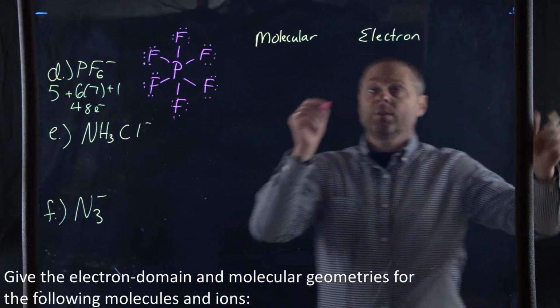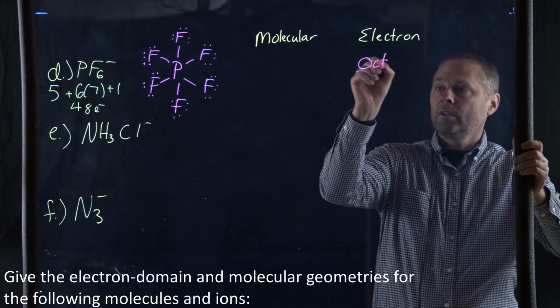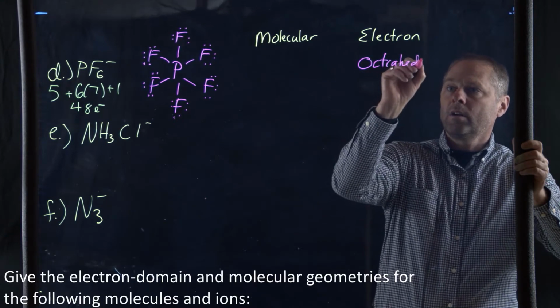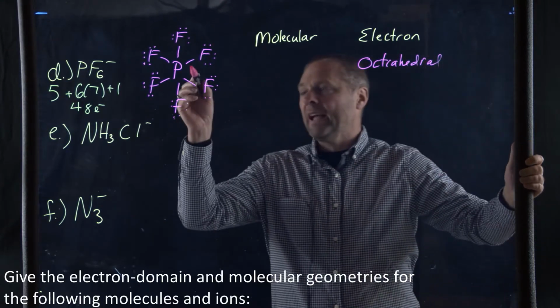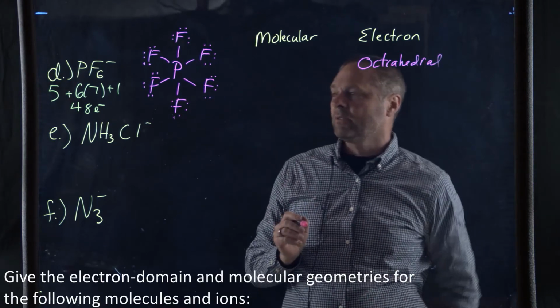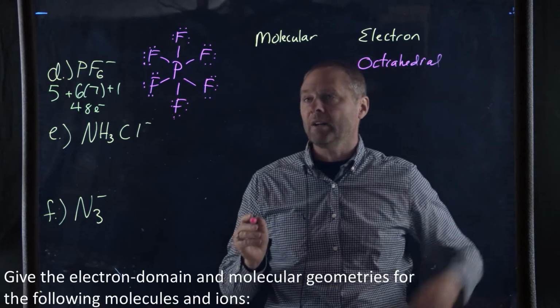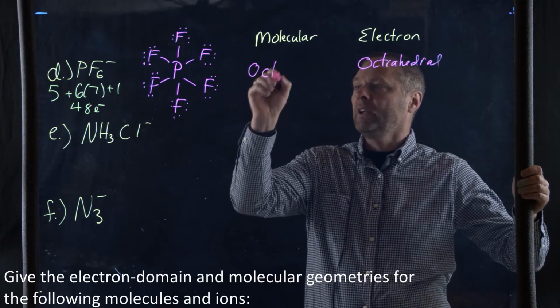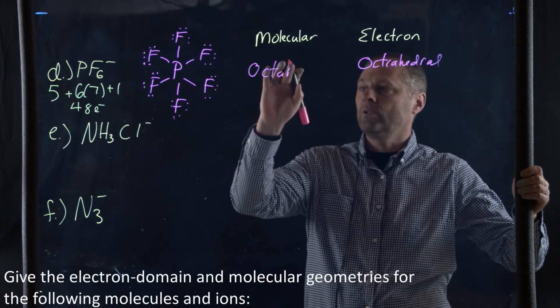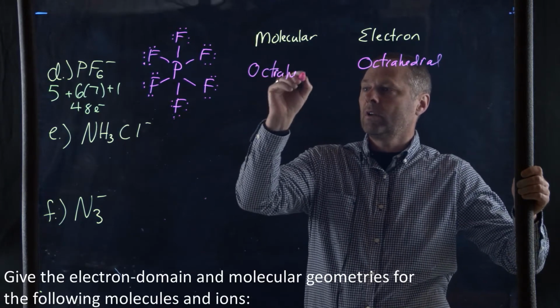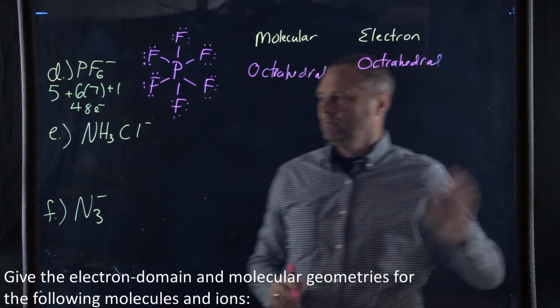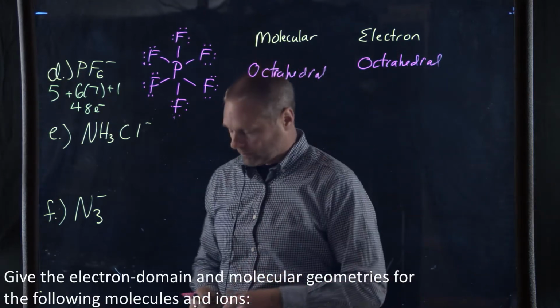Now, this is going to be octahedral. And because there are no lone pairs of electrons on the phosphorus, the molecular geometry is going to be octahedral as well.